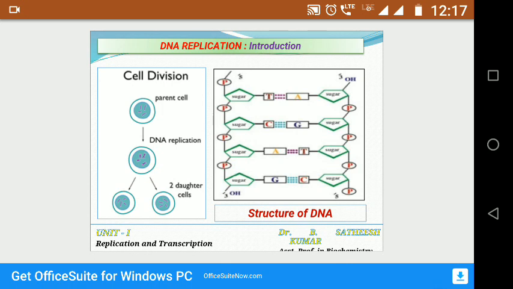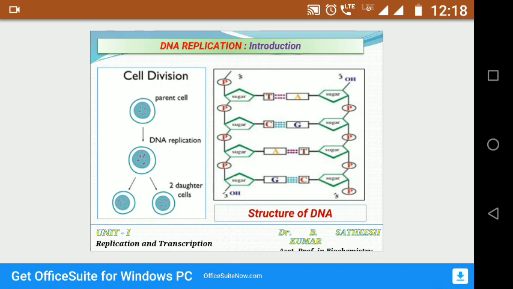To have a uniform width throughout the length of the DNA molecule, the purines must interact with pyrimidines. Hence, here the adenine interacts with thymine by means of two hydrogen bonds, and guanine interacts with cytosine by means of three hydrogen bonds.